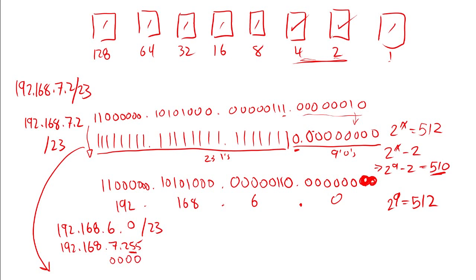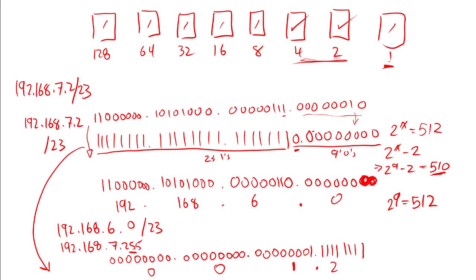So 00000000 dot 00000000 dot 00000001 dot 11111111. Now convert this back to decimal. So this is 0, and this is 0, and this is 1, because you're just checking the 1 here, and then this is 255 because all 8 boxes are checked. And then you can add that to your network ID.